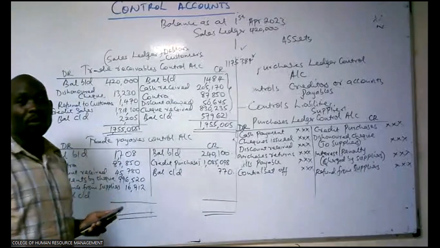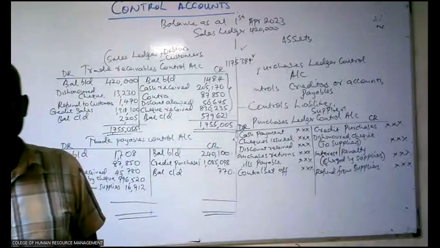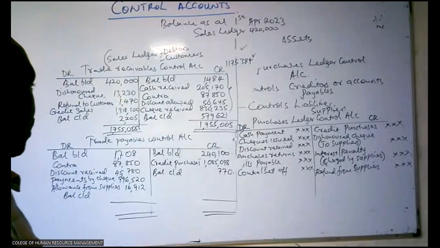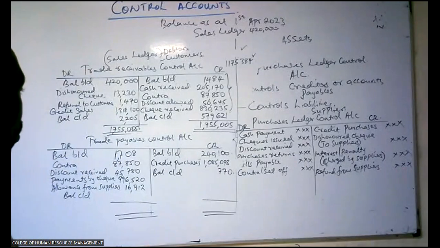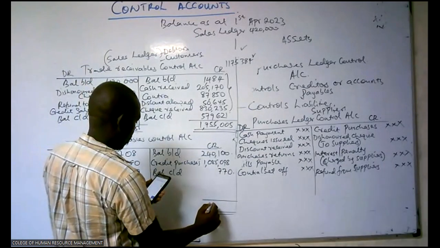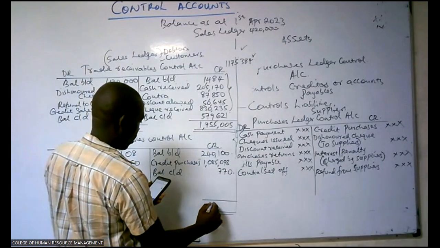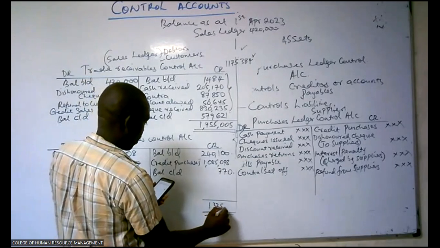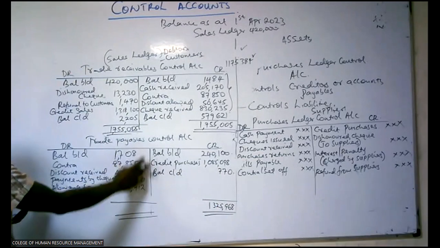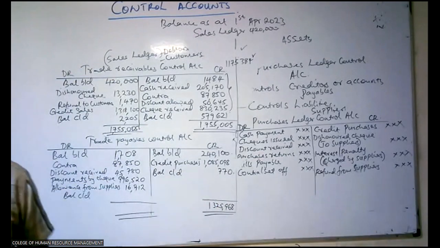We are supposed to add it. I was not in that question. For the previous answer, that is why it is not coming to what we are getting. I think it is 1,325,968. Correct. Can you now add the total of the debit figures?